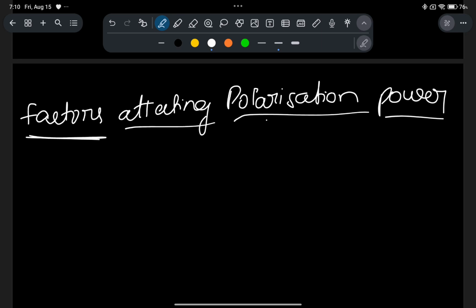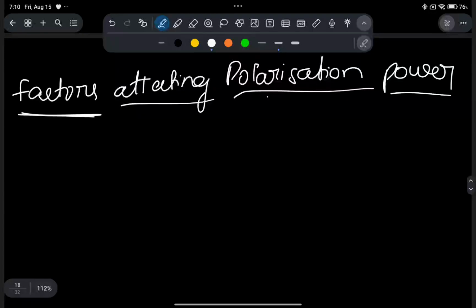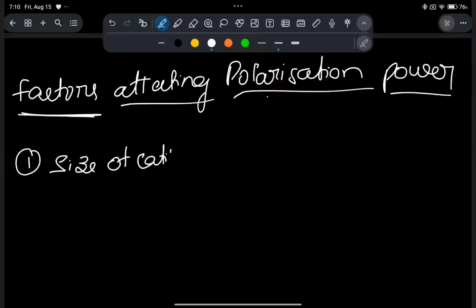There are fewer chances of forming an ionic bond; mostly they form covalent character. So the first factor is size of cation.